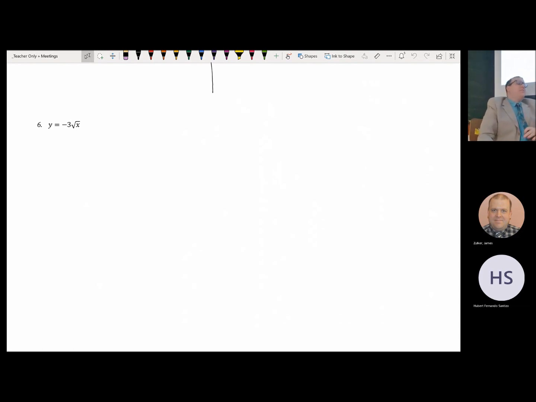-3 square root of x. Negative tells us we have a reflection. Horizontal or vertical? Vertical. Okay. Which means the range is being affected.